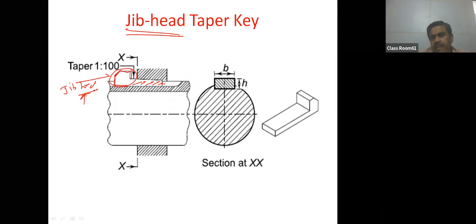This jib head is useful for the dismantling of the key. During maintenance, sometimes you have to insert the key, sometimes you have to pull the key. With the help of the jib head, the key can be easily dismantled from the shaft and the hub. It can be removed easily. So if a jib head is provided, then that type of key is known as a jib head key. And if jib head and taper both are there, then it is a jib head taper key.